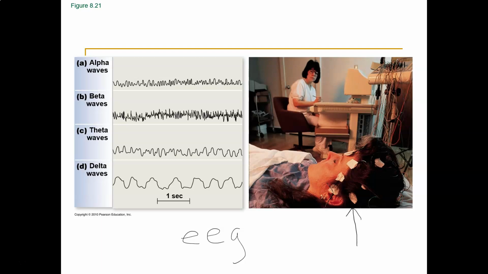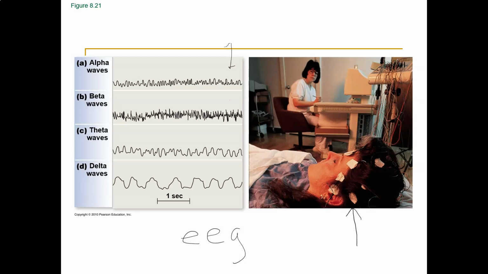So you see here four main types of brainwave activity that are commonly recorded, and they call them alpha waves, beta waves, theta waves, and delta waves. And I won't be asking you which have the highest amplitude or the highest frequency. We're not going to go into it in that much detail, but do just look at them. You see how they're different. Like the delta waves are big, they have a high amplitude, but a low frequency.